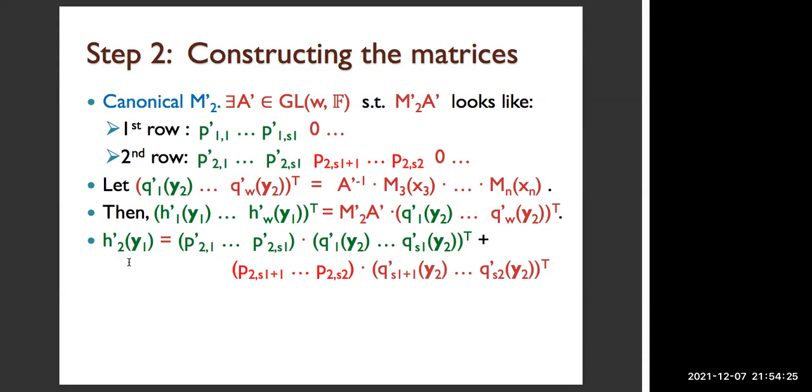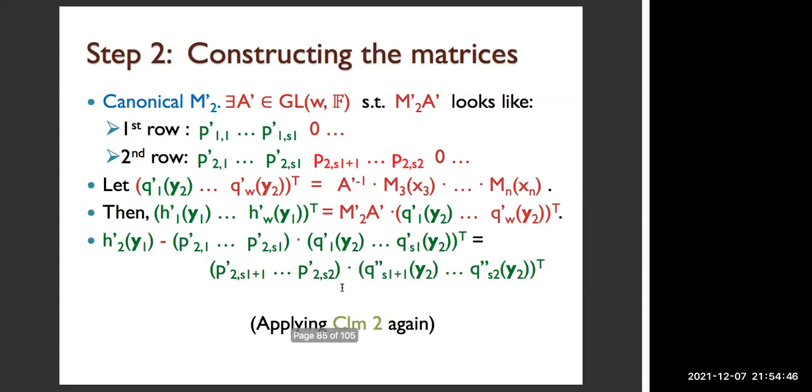Now, if you look at the same equation, this whole P2 prime is known, and you just take the first term to the left and you get an equation like this. This is pretty much what is needed to apply claim 2 again. If you apply claim 2 again, you get this decomposition.